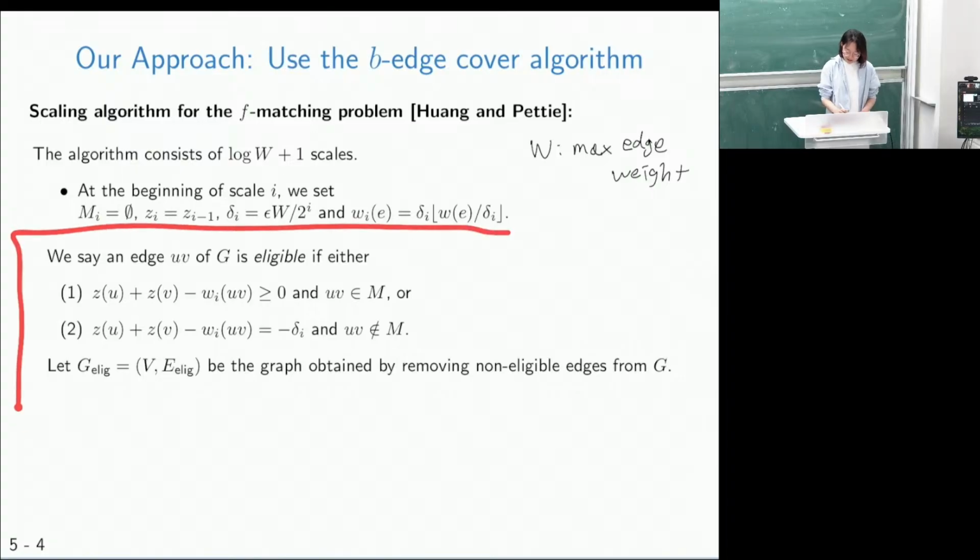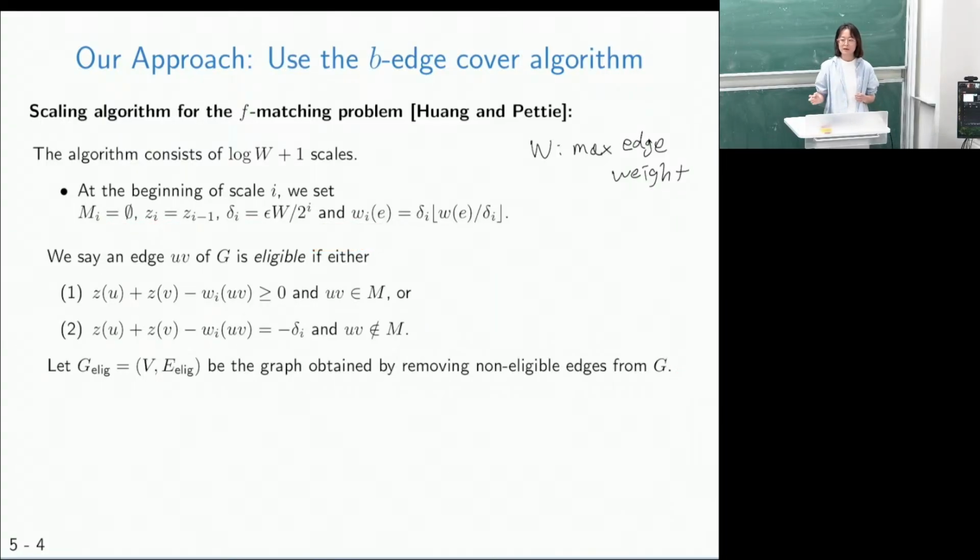And in each scale, we repeatedly find an augmenting path, and then we update the current matching using this augmenting path. This augmenting path consists of eligible edges.